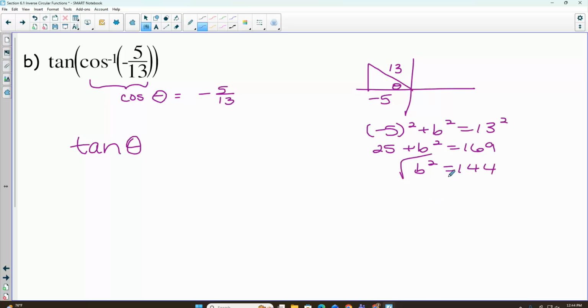Would this side be positive or negative? Positive since it's going up, so that is 12. So tangent, opposite over adjacent, 12 over negative 5, or negative 12 over 5. Any questions?